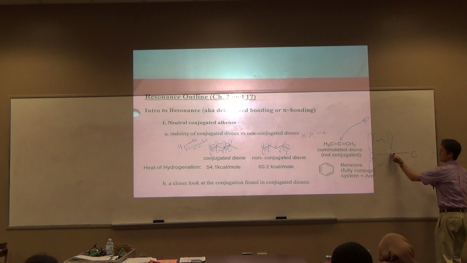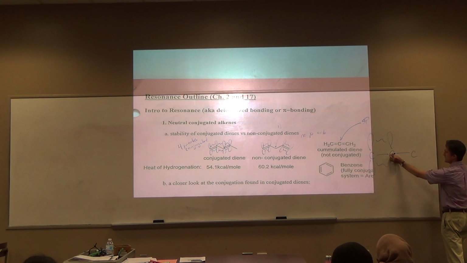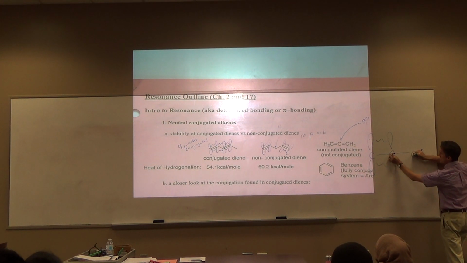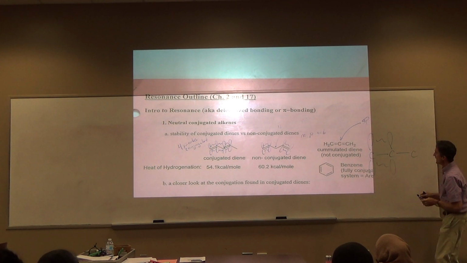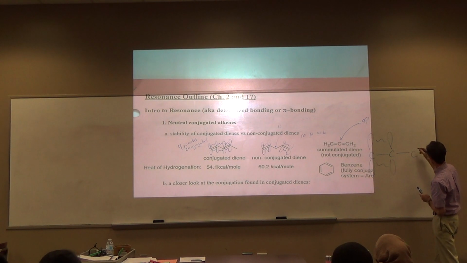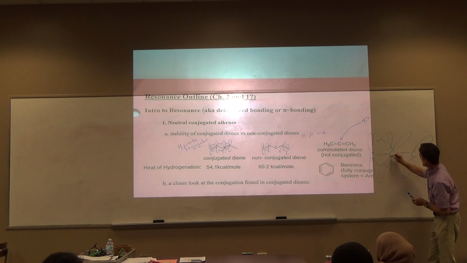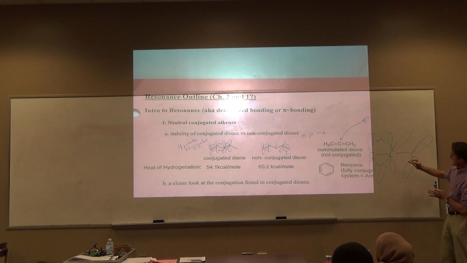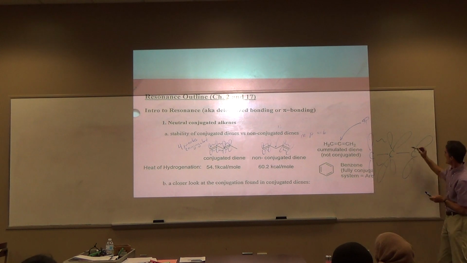But it's making a pi bond over here. How is this one oriented? It's also oriented this way, and these are overlapping to make a pi bond here. Sometimes you just draw it slanted, but it's really supposed to be back and forth. Those are overlapping there.